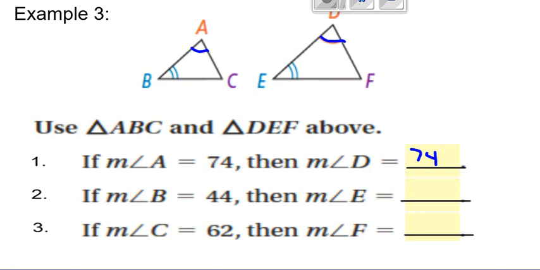Never mind. Just kidding. Okay, so these angles, angle B and angle E, have the same marking. So that means that they are congruent. Therefore, if angle B is 44, then angle E also has to be 44. And if the measure of angle C is 62, then the measure of angle F also has to be 62.